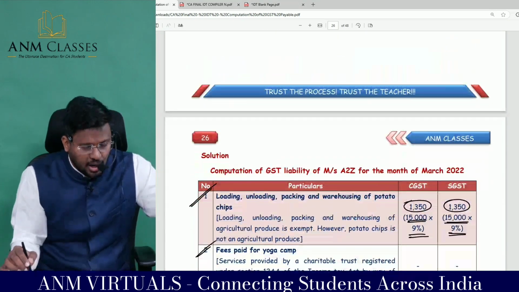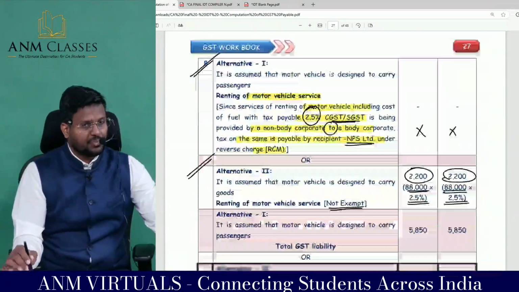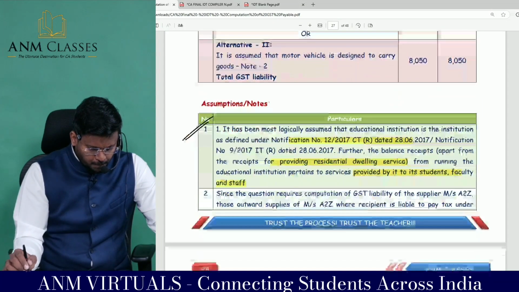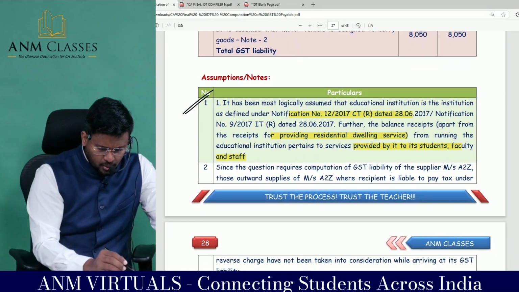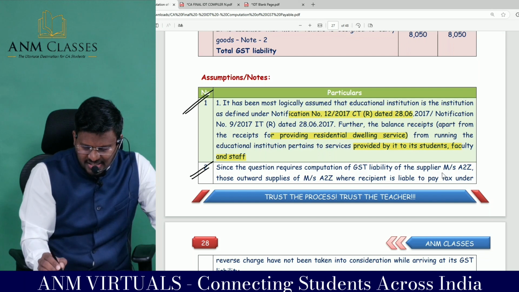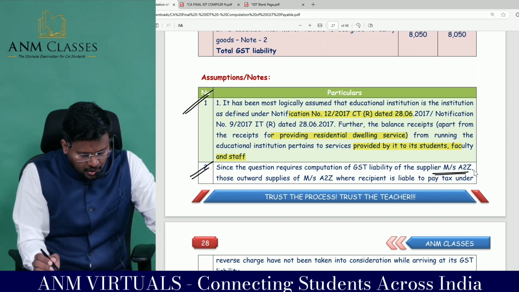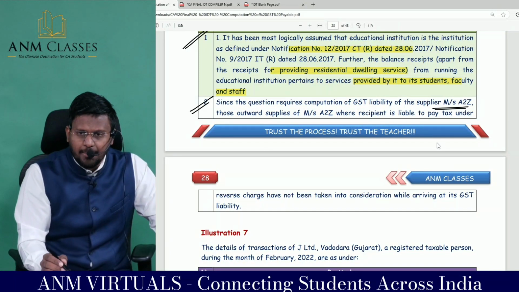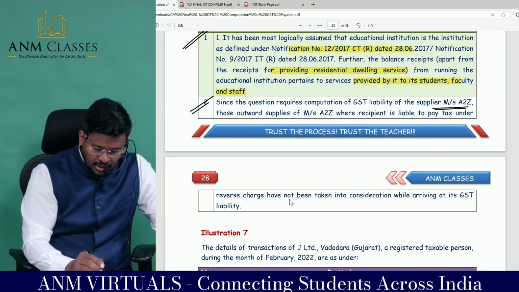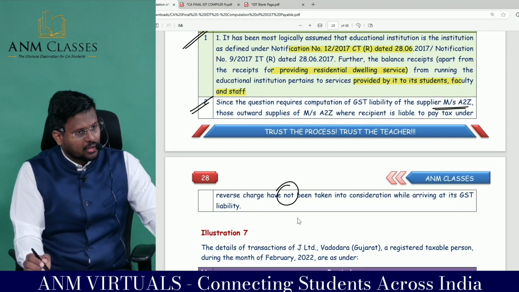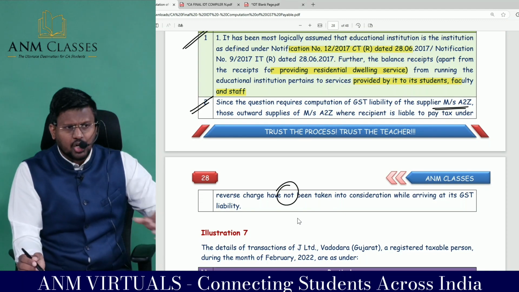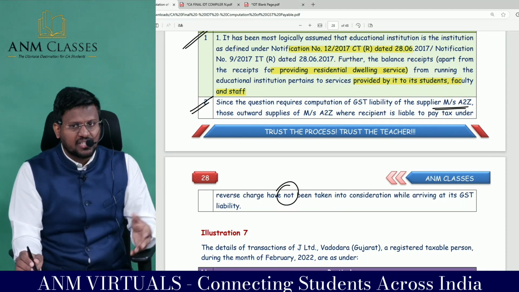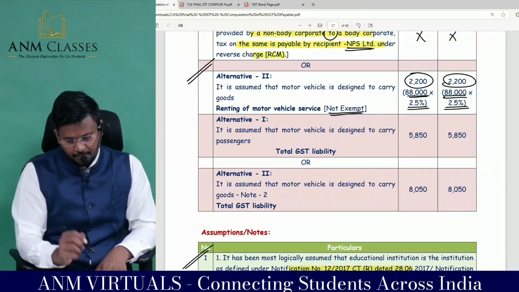All other supplies are intrastate supplies. Since the question requires computation of GST liability of supplier Mrs. A to Z, those outward supplies of Mrs. A to Z where the recipient is liable to pay tax under reverse charge have not been taken into consideration while arriving at its GST liability, because the supplier is not the person liable to pay tax. The recipient is the person liable to pay tax on reverse charge basis.